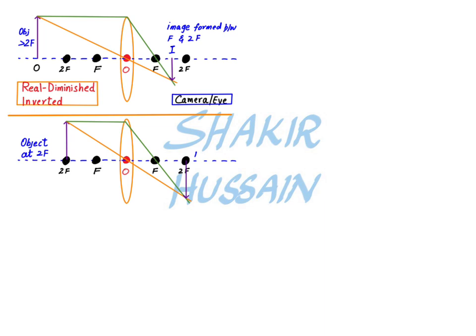Can you think of some practical application where the image is the same size as the object? Come on. We have this application present right in front of the entrance door of our center.